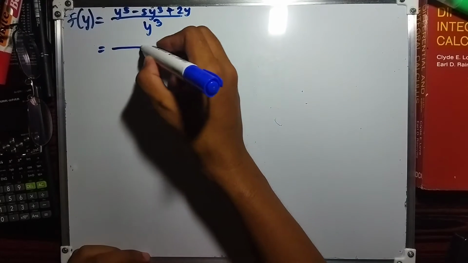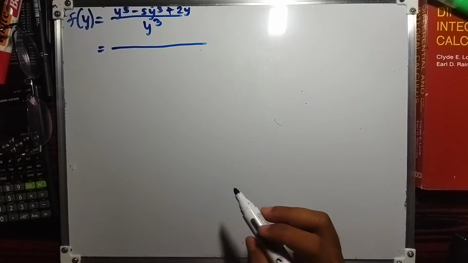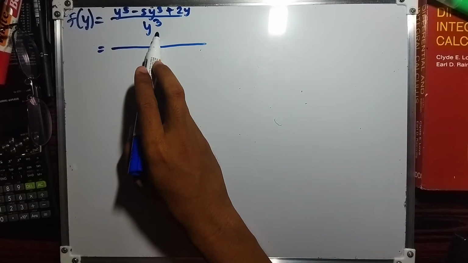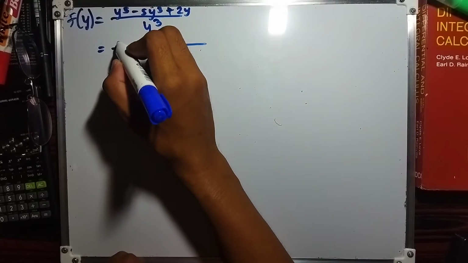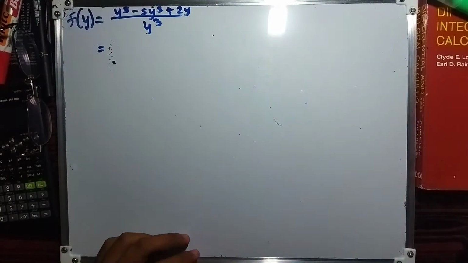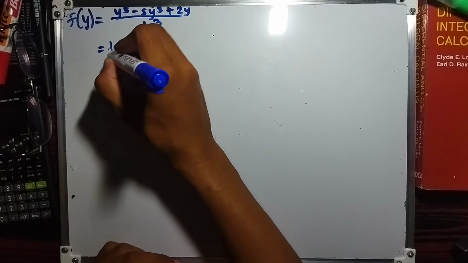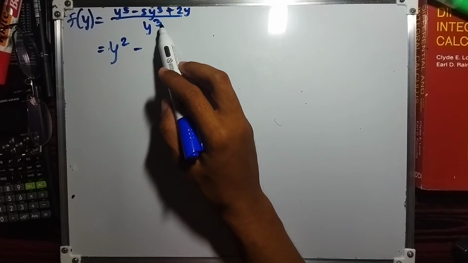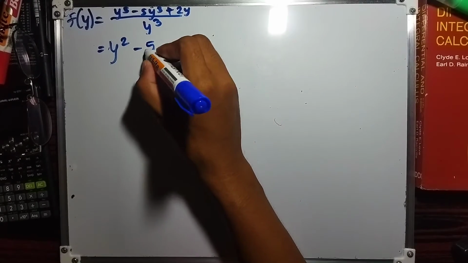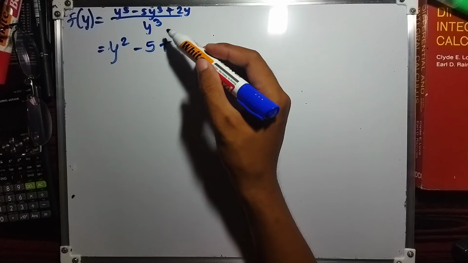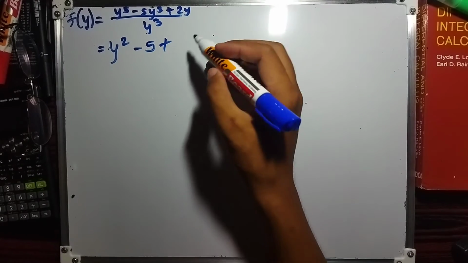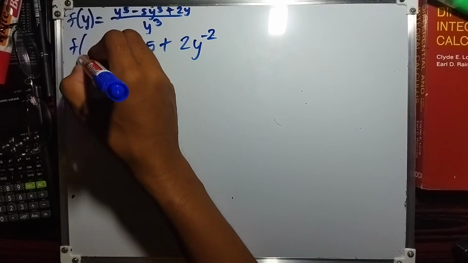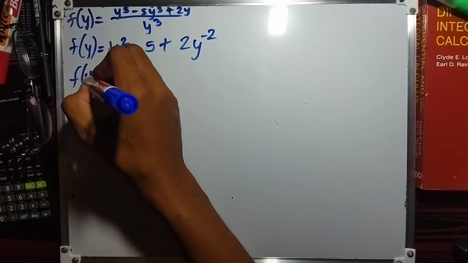So you'll be simply dividing the numerator by the denominator. So y to the 5 divided by y cubed is y squared, minus 5y cubed divided by y cubed. Simply cancel the y cubed, and the remaining will be 5, plus 2y divided by y cubed will be 2y to the power of negative 2, and you will be finding the derivative of the individual terms.